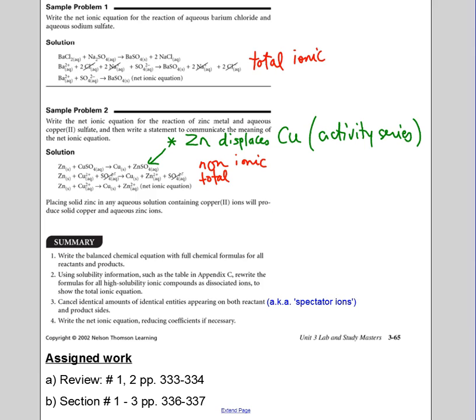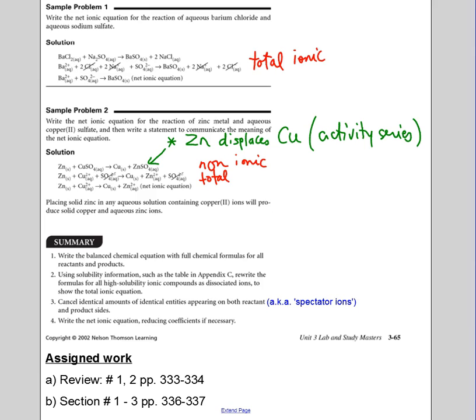We cancel identical amounts of entities appearing on both reactant and product sides, which are called spectator ions, once the total ionic equation has been written, and then we write the net ionic equation, reducing coefficients if necessary. That we haven't seen occurring. I think if the original equation is balanced, that's not going to happen.